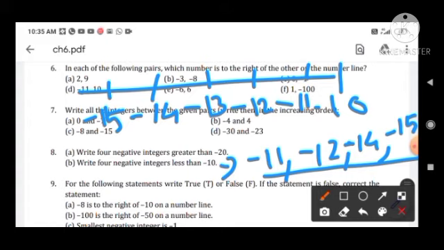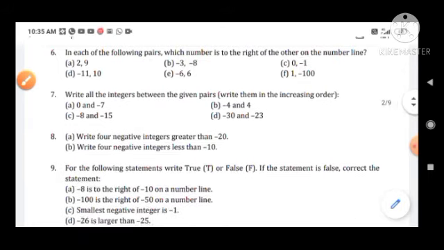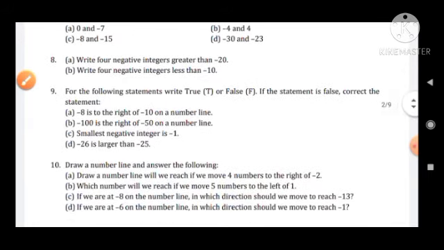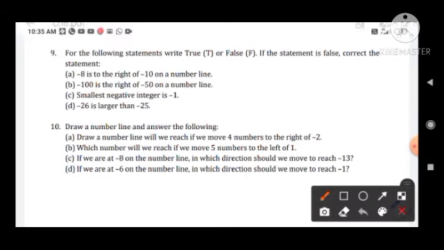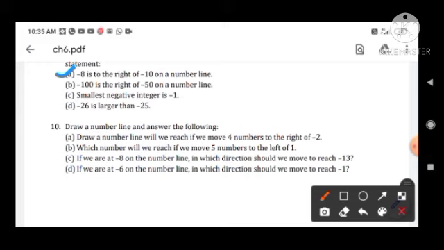Now come to question number 9. For the following statements, write true or false. If the statement is false, correct the statement. Okay, we have to write true or false also, and if it is false, then we have to correct the statement also. So first one, A. Minus 8 is to the right of minus 10 on the number line.